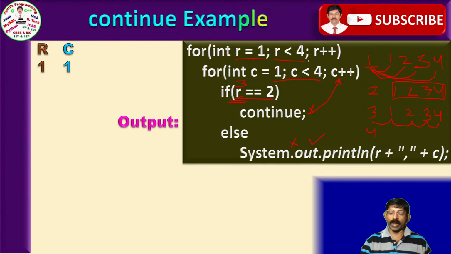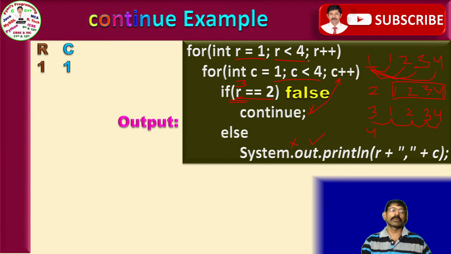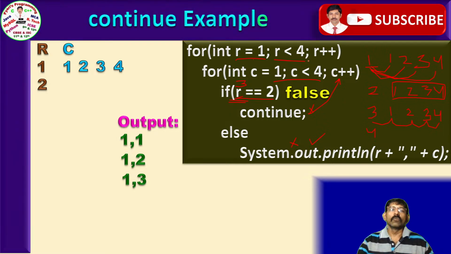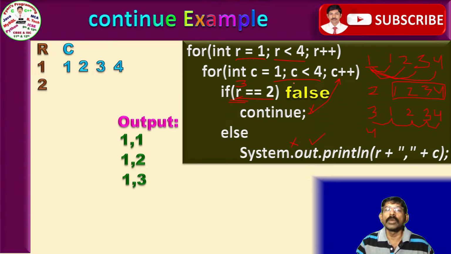Already I had done a dry run for you. Look at this. False, 1,1, 2, false, 1,2, 3, C value is 3, false, 1,3, 4, false. Which one is false? Inner loop is false.